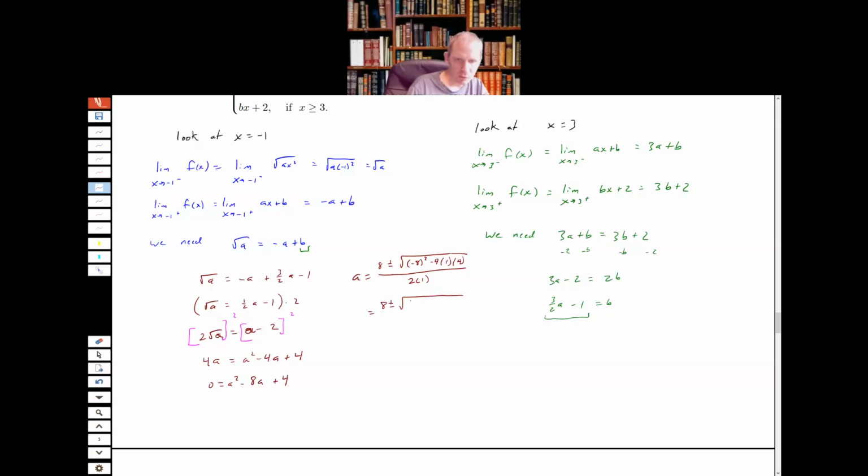So -8 squared is a positive 64 minus 16. Okay, so 64 minus 16 is 48. So the square root of 48.